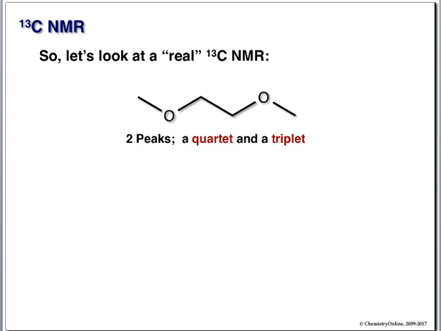We have 2 peaks. This is the CH3, so it's a quartet. This is a CH2, so it's a triplet. 4 peaks and 3 peaks. That's what we predict.